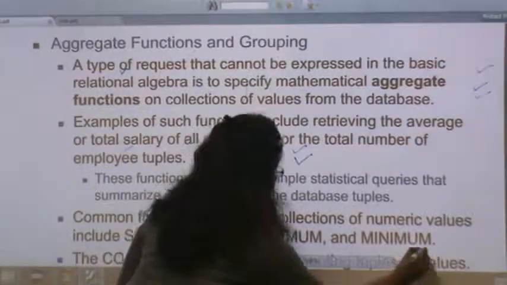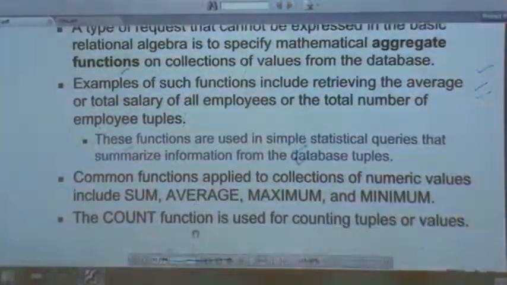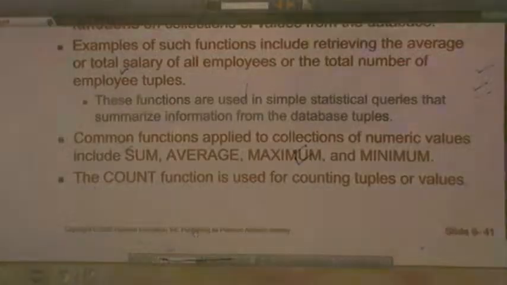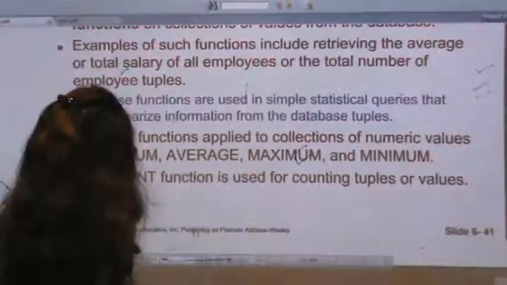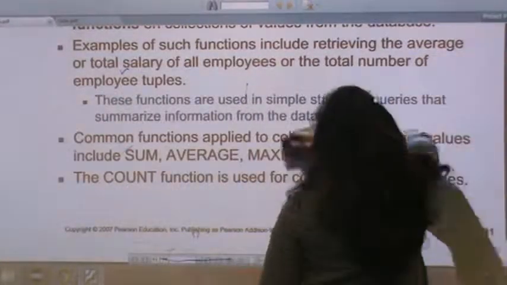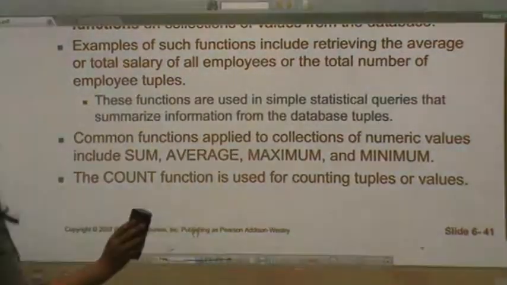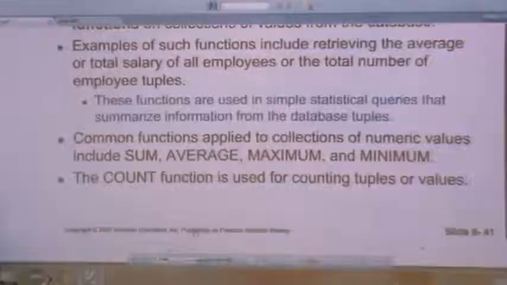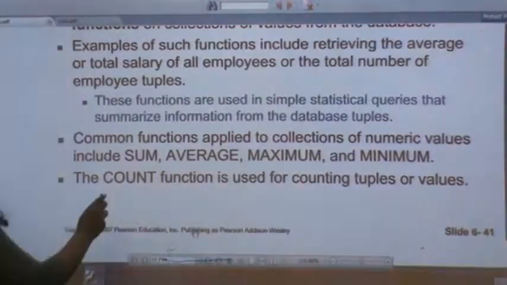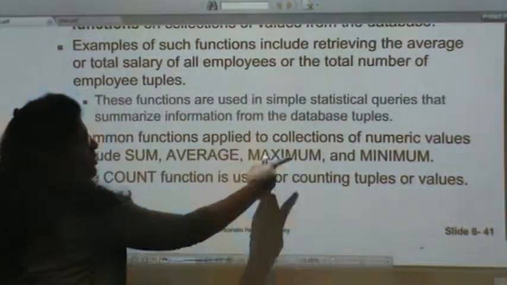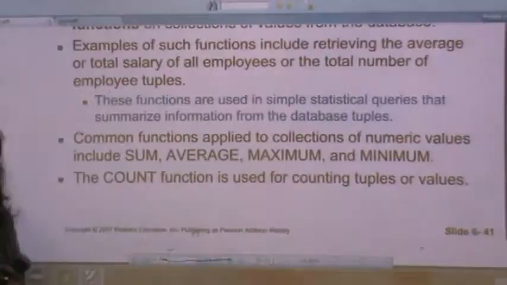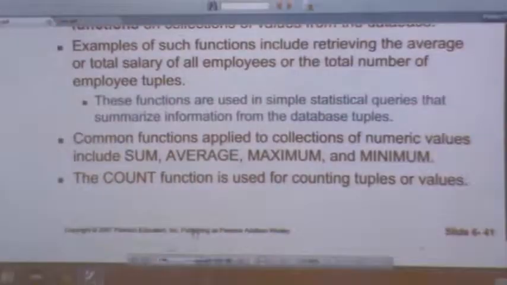I hope you know, right? Or if you don't know, just make a note. Anything about aggregate in database means count, sum, average, maximum, minimum. That's what I mean when it's aggregate.